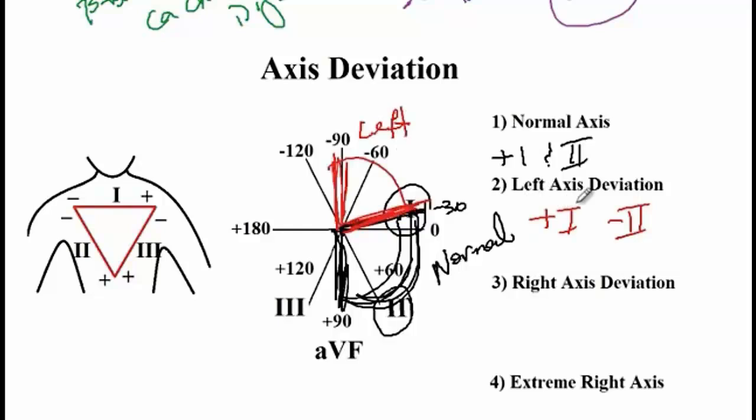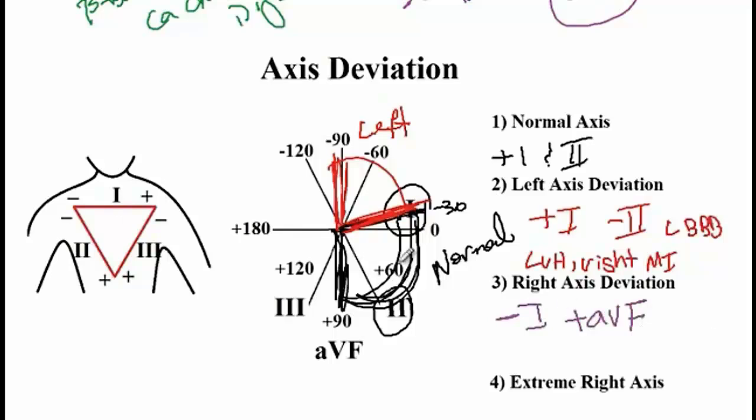Conditions that usually cause left axis deviation include, for instance, left ventricular hypertrophy, right-sided myocardial infarction, or left bundle branch block. For the right axis deviation, we have a downward QRS in lead 1 and an upward QRS in aVF. That corresponds to positive 90 to positive 180 for the right axis deviation.